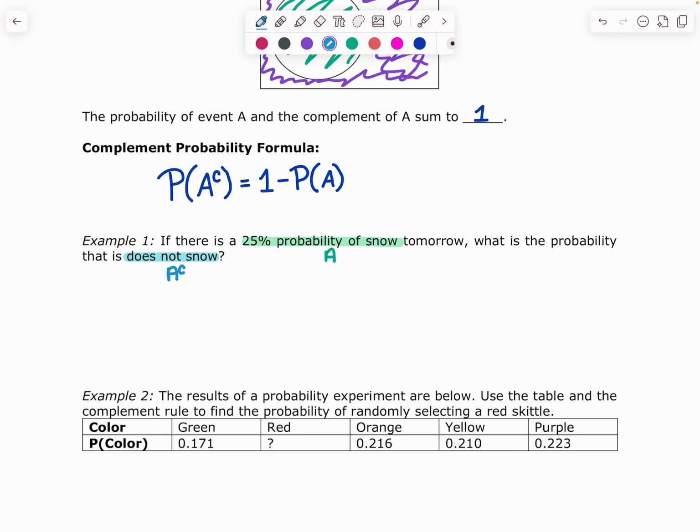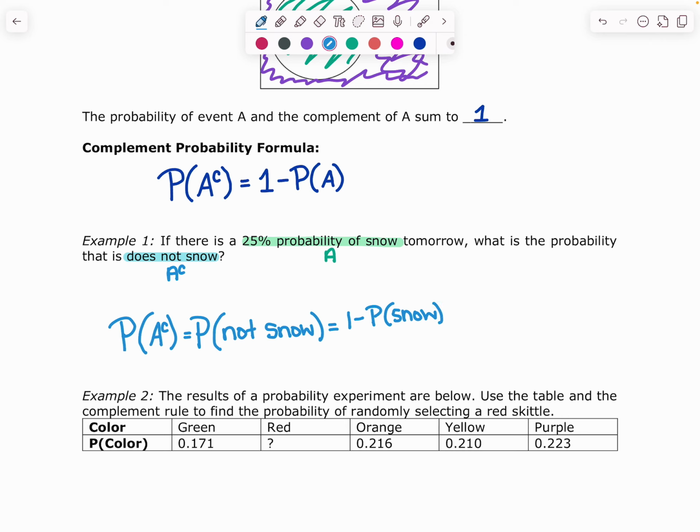So we can find the probability of A complement, which is the probability that it does not snow, by taking 1 minus the probability that it does snow.